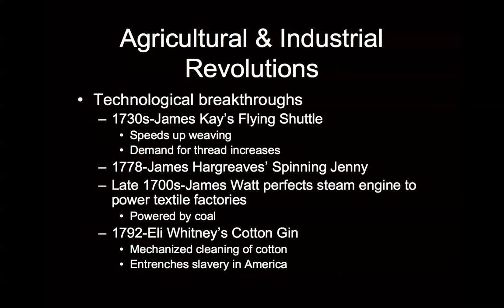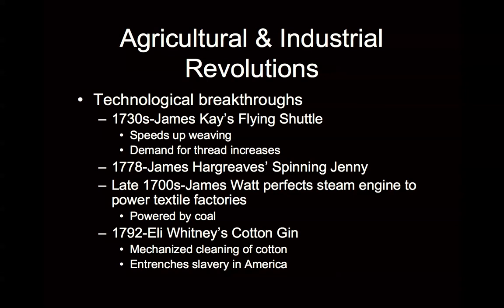Now that weaving was done more and more quickly, the demand on thread increases. So that was met by James Hargreaves, who invented the spinning jenny in 1778. So now you have thread being made more and more quickly to meet the demand of those that weave the thread into fabric. The next stage was powering these machines by something other than foot pedals or handles.